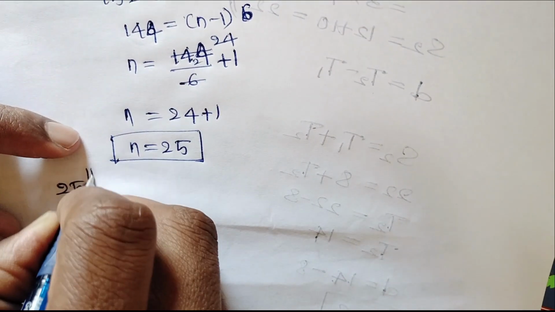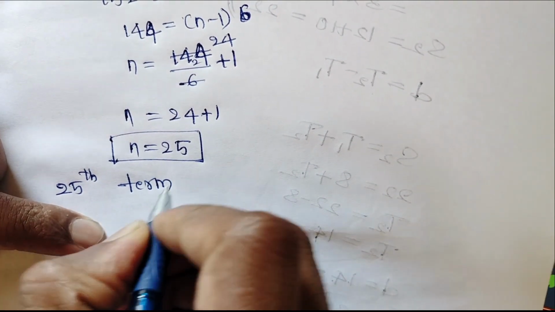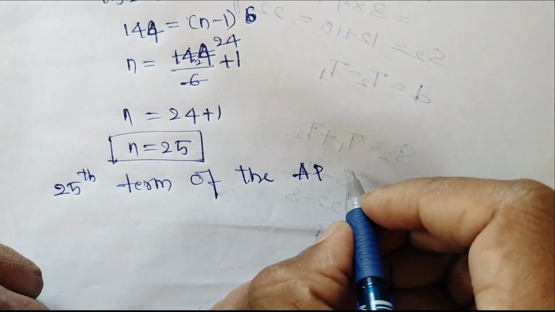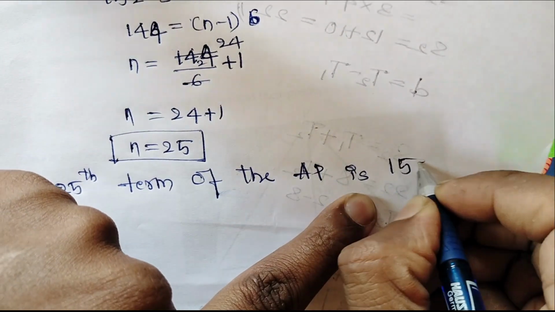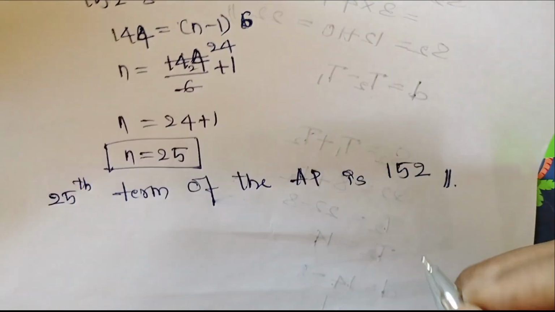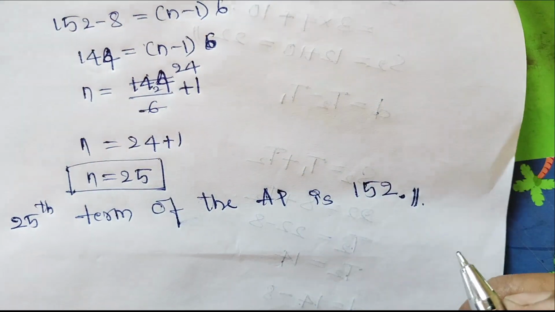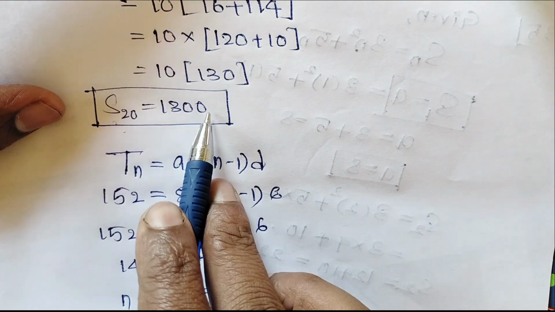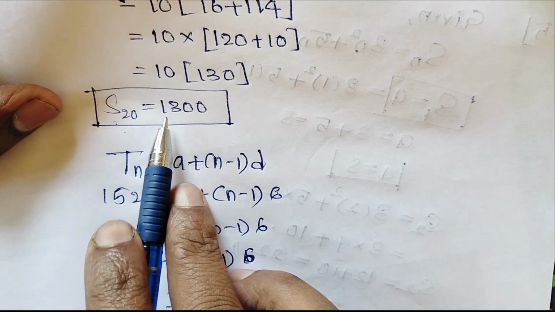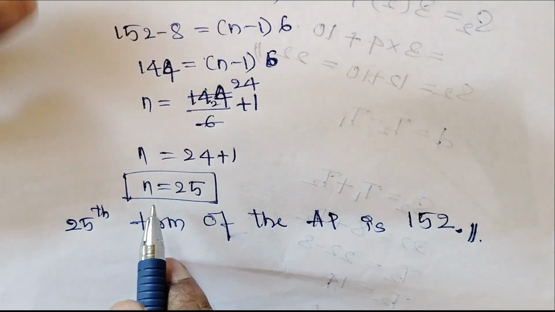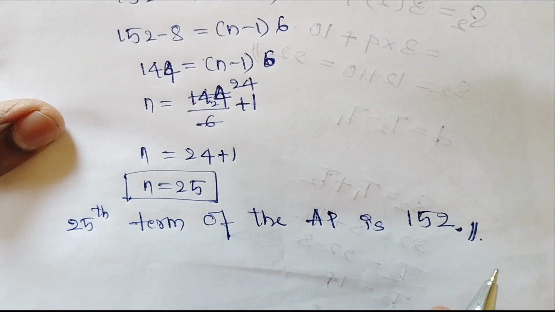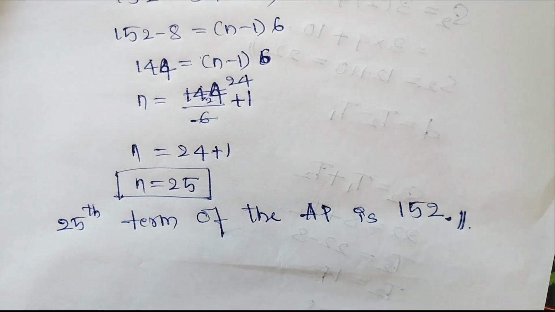So the 25th term of the AP is 152. You have to write this. So we found S20, the sum of first 20 terms of the AP, as 1300, and the 25th term of the AP is 152. This is the solution.